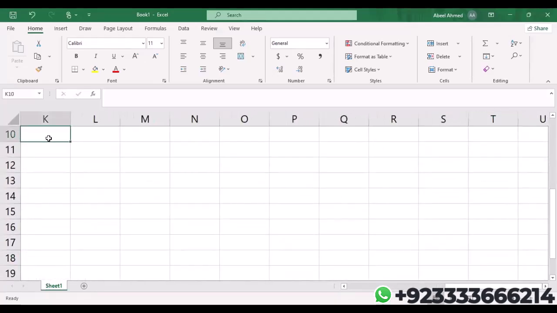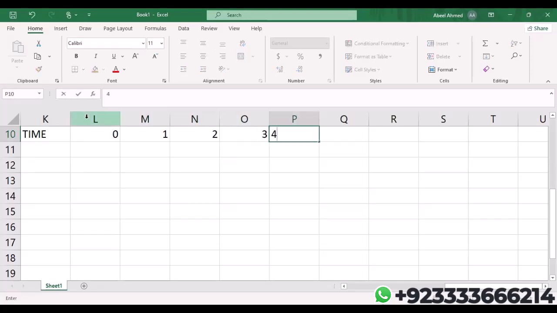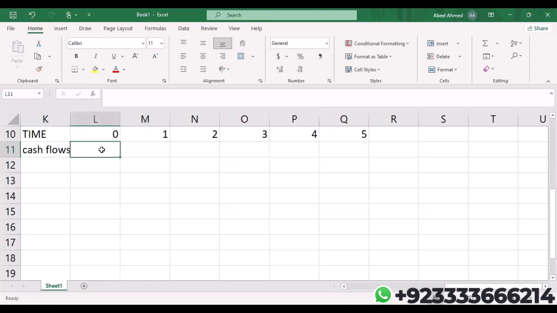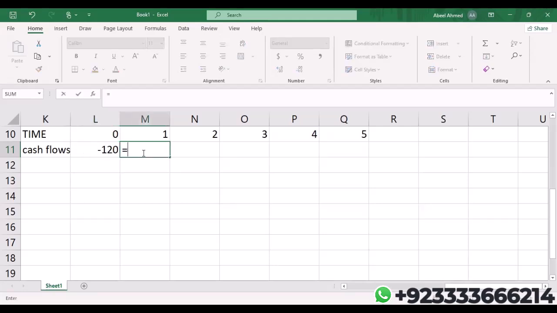Okay, now come here. Let's say 0, 1, 2, 3, 4. Well, let's say it could be 5 as well. Cash flows: I'm assuming the market value of the bond is 120, outflow.